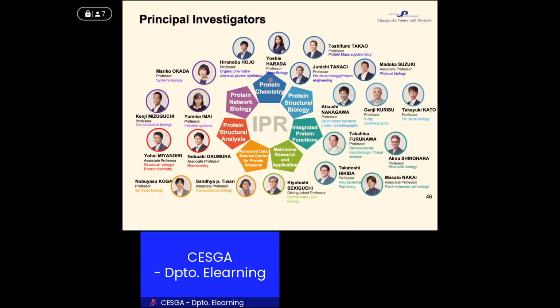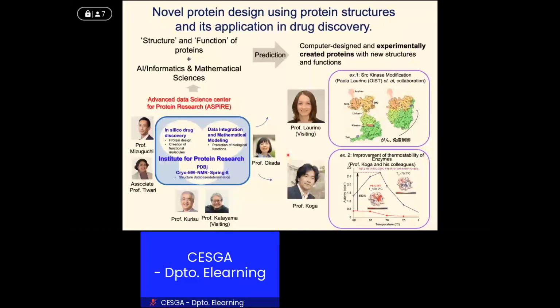We have many areas, like protein chemistry, protein structure biology, protein functions, and protein network biology, which I learned, and many other things like an industry-funded laboratory. So this is what we are doing at the Advanced Science Center for protein research.